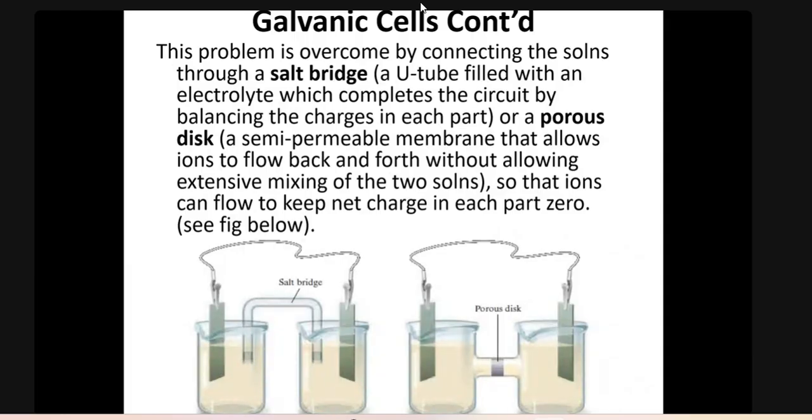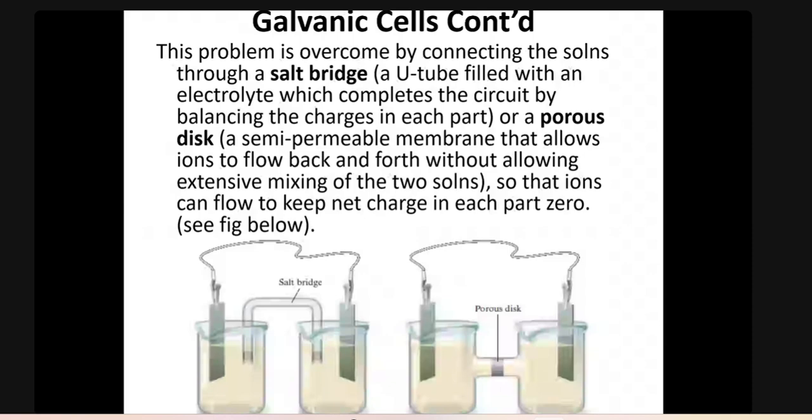Then, if you just consider one side of this cell, the compartment where there's a metal that's losing electrons, that half is called the half cell. The other side also is called a half cell. The half where you have the metal that's losing electrons is called the anode.